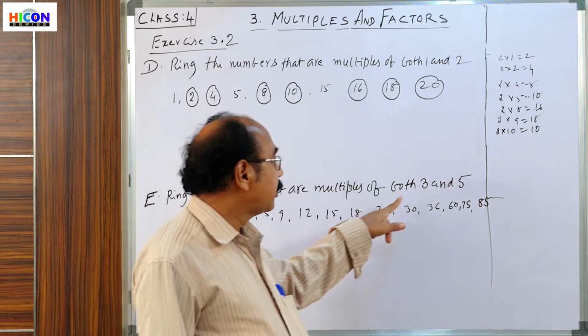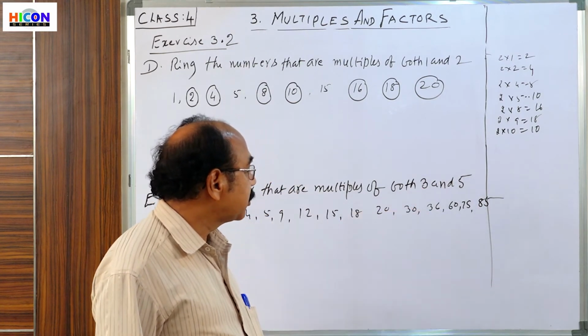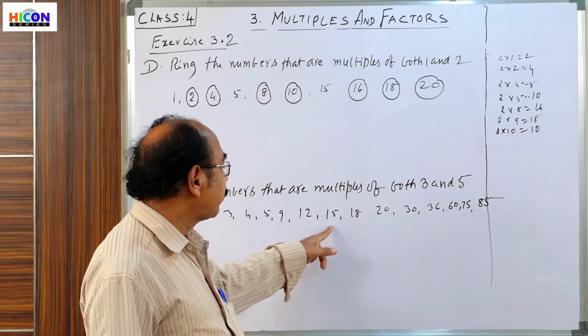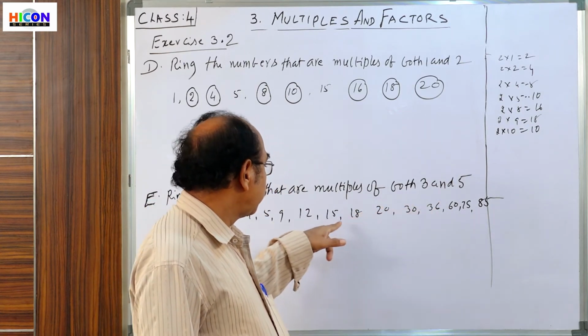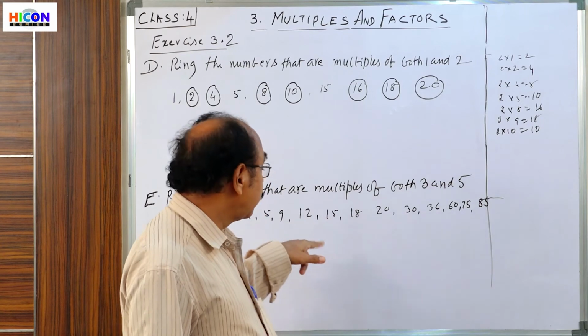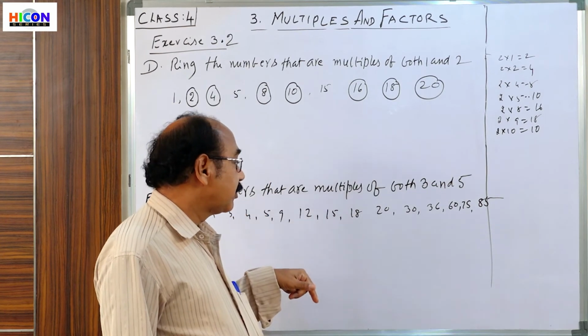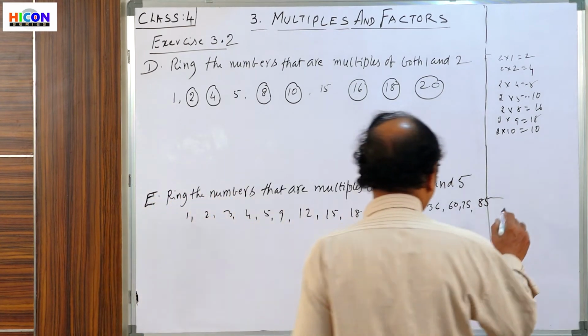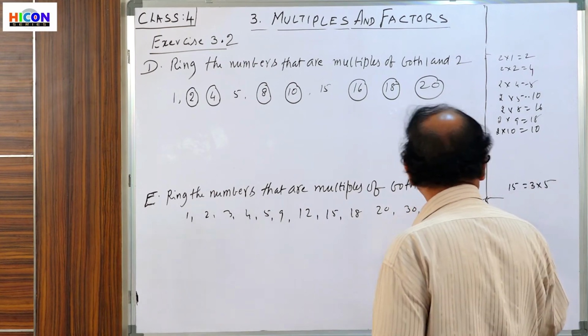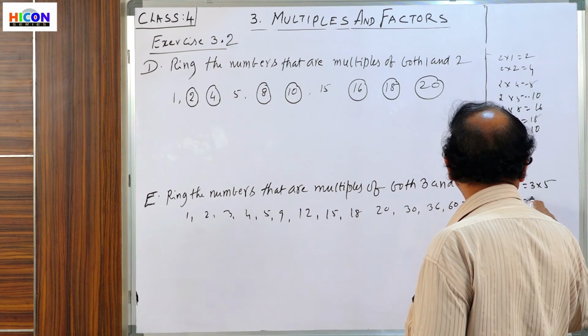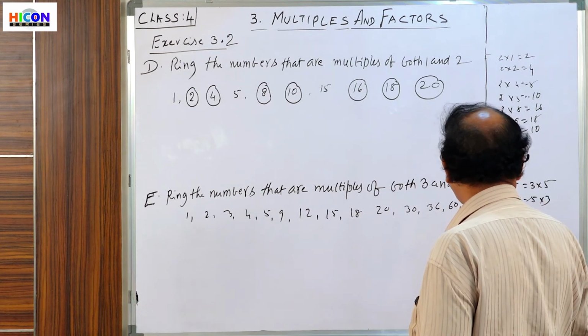In reading the multiplication table of 3 you are getting 15, and in reading the multiplication table of 5 also you are getting 15. That means 3 fives are 15, and reading the 5 table, 5 threes are 15.